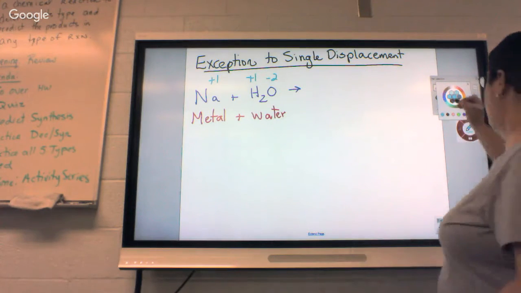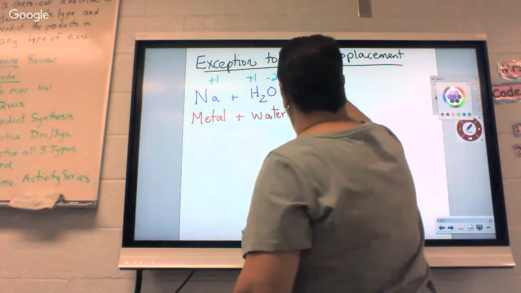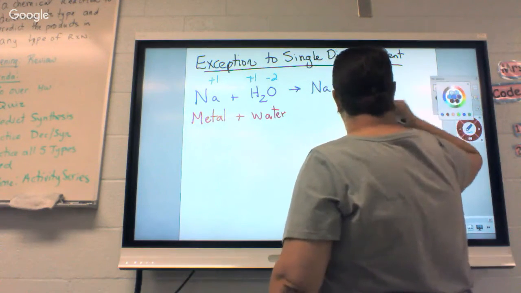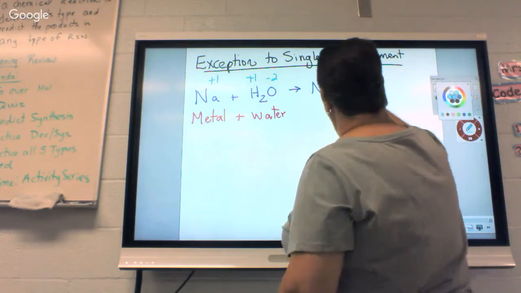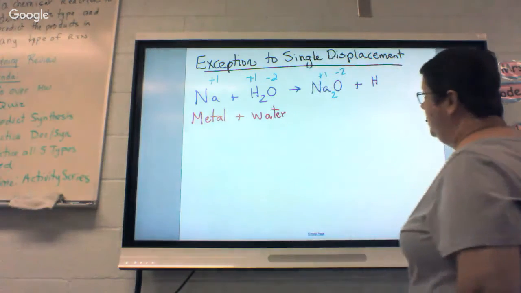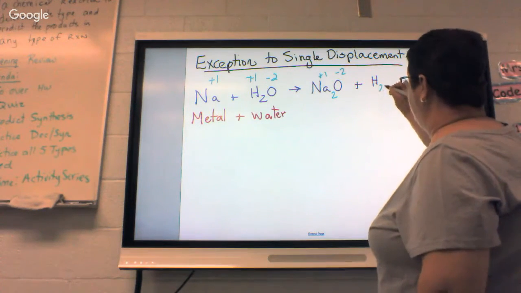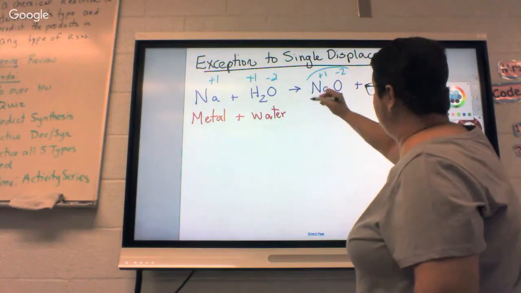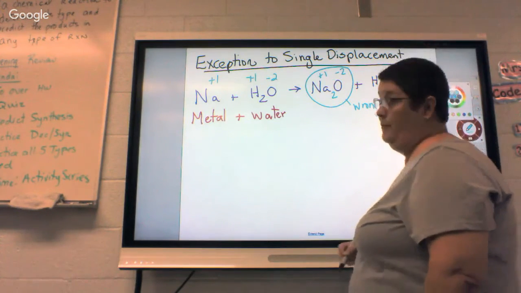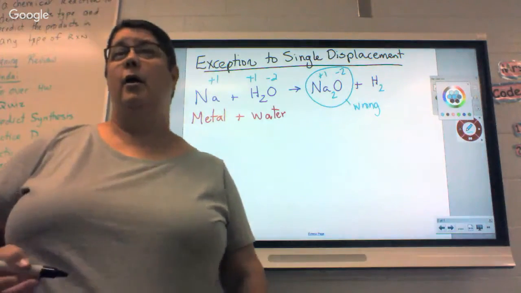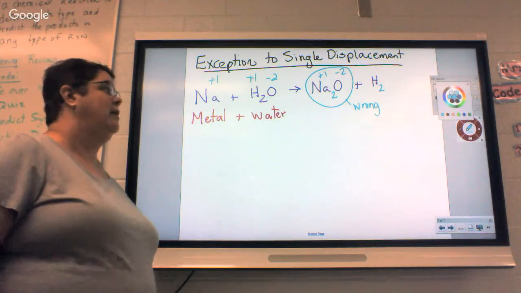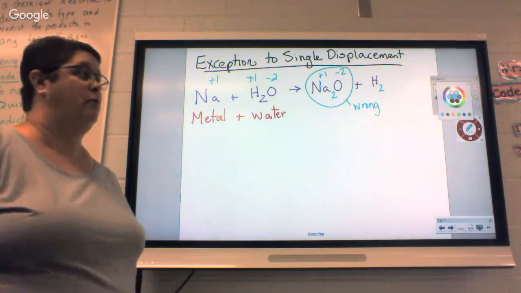Okay, when you switch Na and H, Na is going to be with O, and H is going to be by itself, and you're going to have +1, -2, bring your 2 down, and then H is by itself, so it gets a 2, right? This is the compound right here that's wrong. It doesn't make that compound, okay? But the way I've shown you to single displace, that's what you're going to get. But that's not correct, okay?